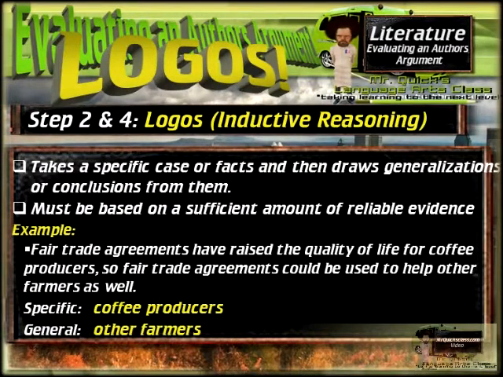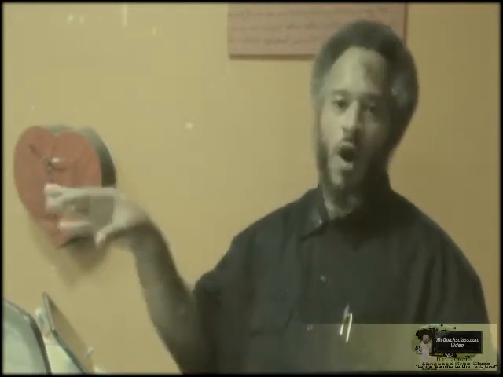So fair trade agreements could be used to help other farmers as well. So what we did is we took a very specific case, coffee producers, and now we're trying to apply that same reasoning to all farmers. Now, the problem with that is the author will not present evidence for each farmer.